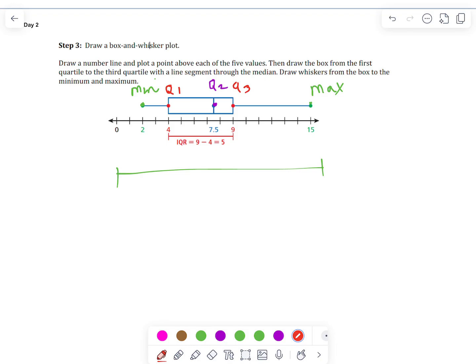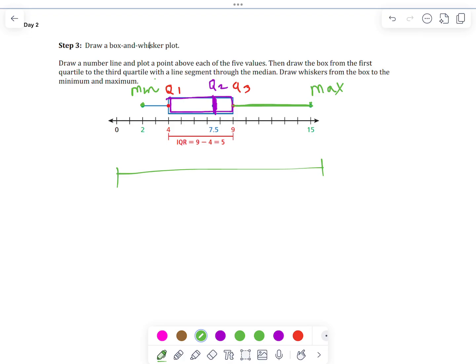Then you create a box around Q1 to Q3, and then you split the box, the rectangle in this case, down the center where Q2 is. And then lastly, you create your whiskers.